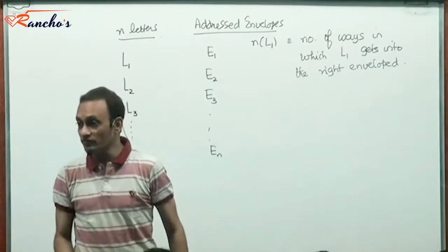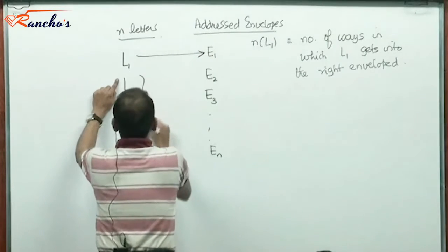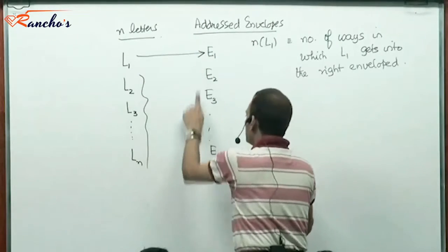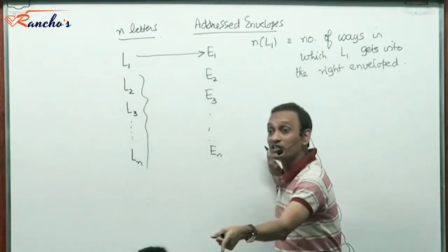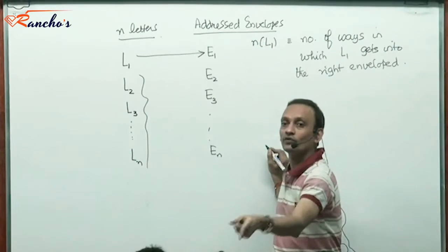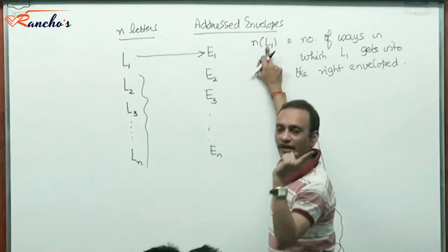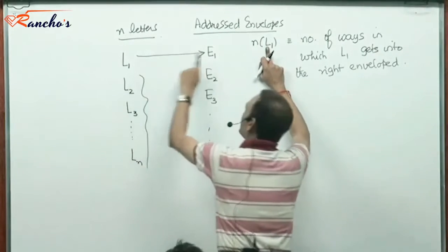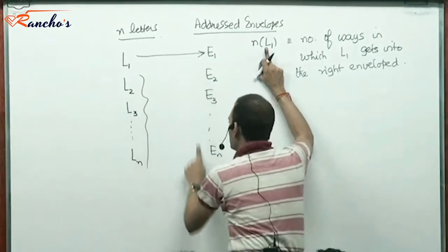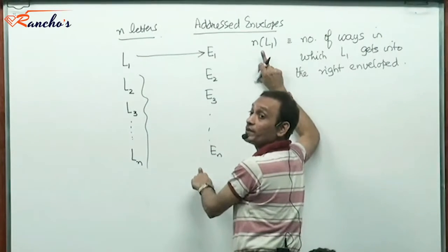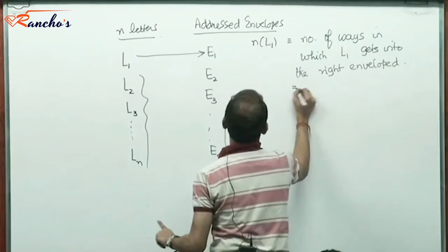So put L1 in the right envelope, which is E1, and then permute these N-1 letters in these remaining N-1 spaces in N-1 factorial ways, yes or no? So number of ways in which at least L1 has gotten into the right envelope is put L1 in E1, which is one way, and then the rest N-1 letters could be delegated to the remaining N-1 envelopes in N-1 factorial ways. So this is N-1 factorial.